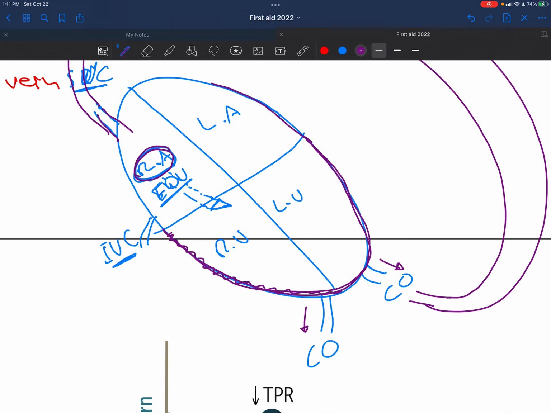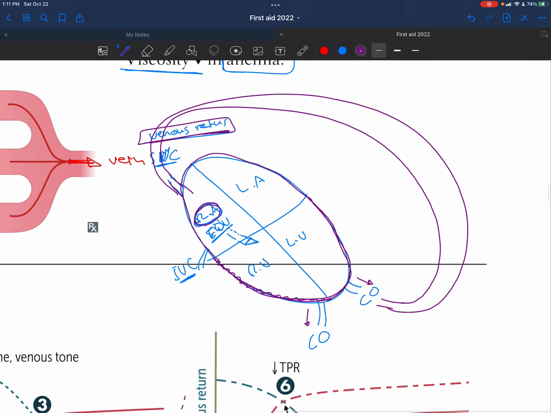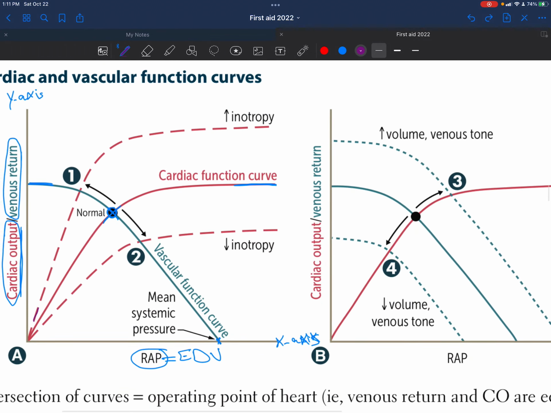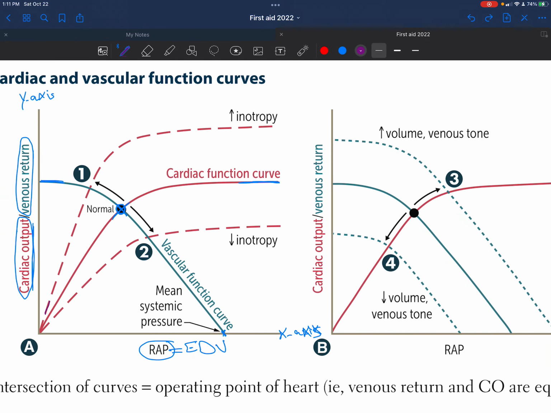So if we look here, we are making the heart contract harder, but we are not making the vessels contract harder. That's why the only thing that is going to change is the cardiac function. We're not changing anything with the vascular function curve.